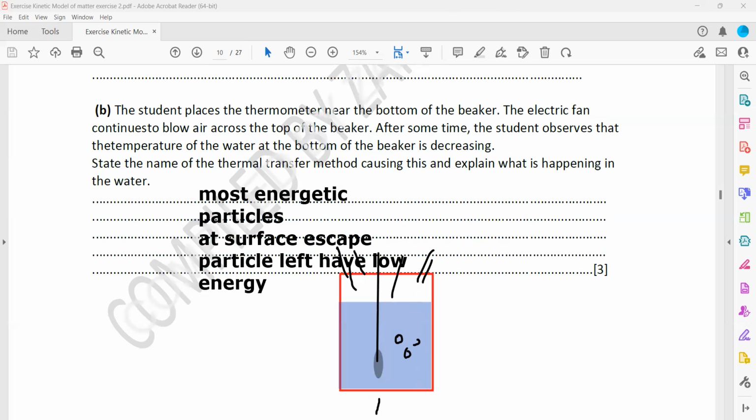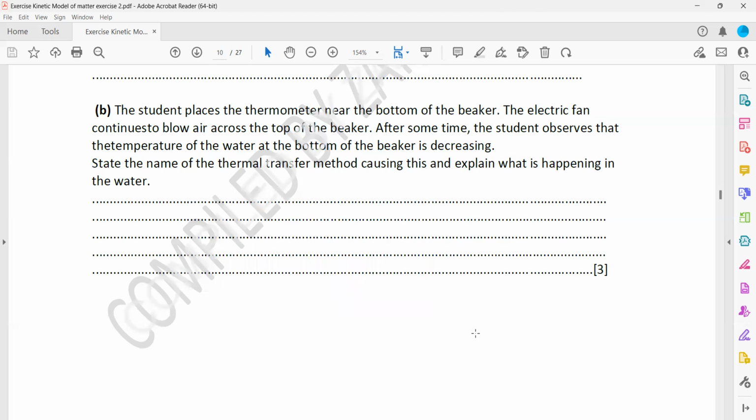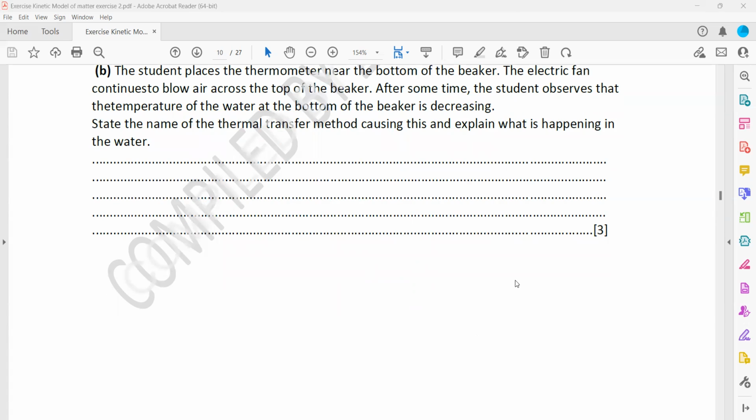So we are causing evaporation. Is it clear? Yes sir, clear.